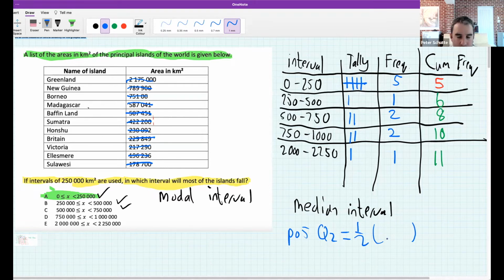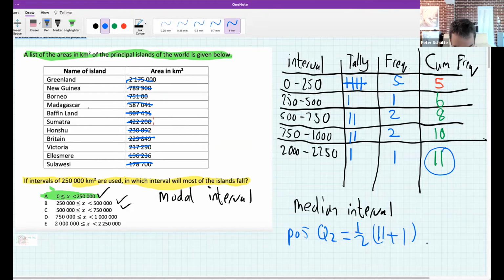Are there 5, sir? Okay, so there's not 5 data items. If you look at the frequency column, the first interval has 5, and then I have 1, and then I have 2. Or you can look at the total of the cumulative frequency column, and it counts all the items. And how many are there? 11, sir. 11, yes.